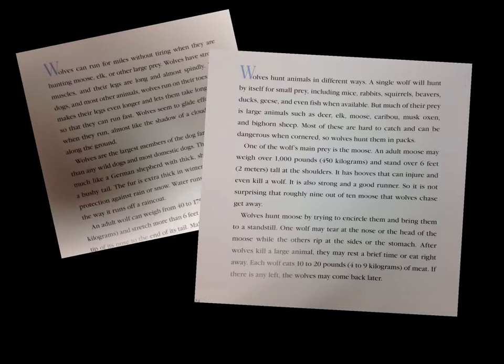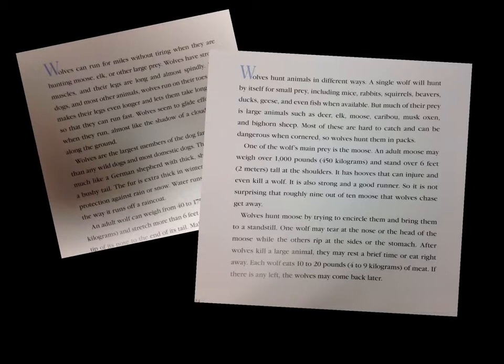Most of these are hard to catch and can be dangerous when cornered, so wolves hunt them in packs. One of the wolves' main prey is moose. An adult moose can weigh over 1,000 pounds and stand over 6 feet tall at the shoulders. It has hooves that can injure and even kill a wolf. It is also strong and a good runner, so it is not surprising that roughly 9 out of 10 moose that wolves chase get away.